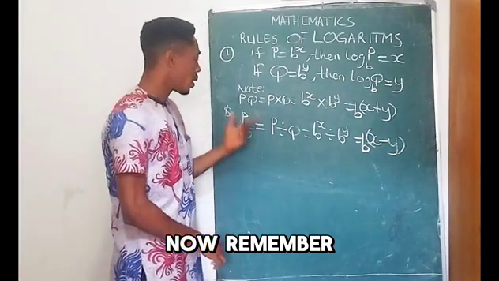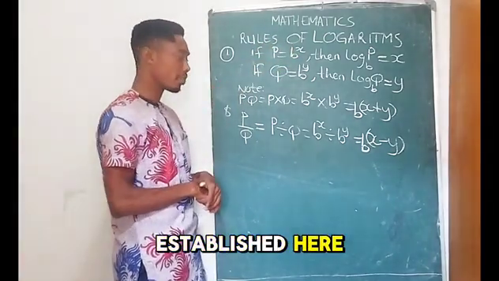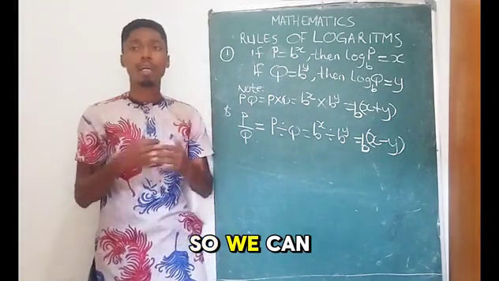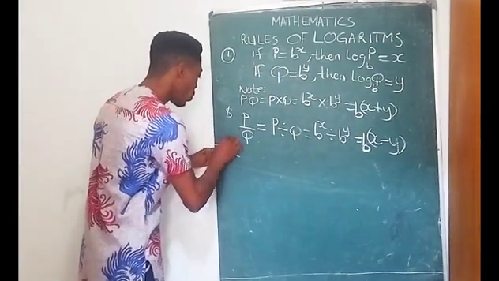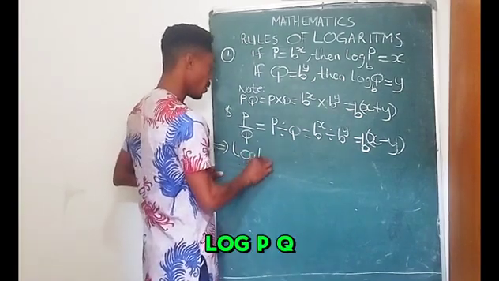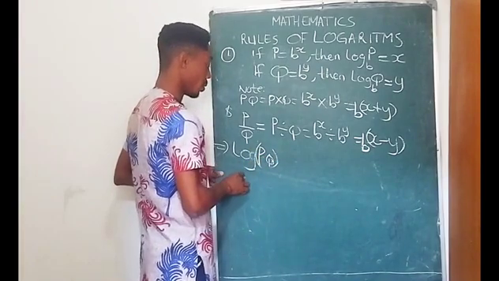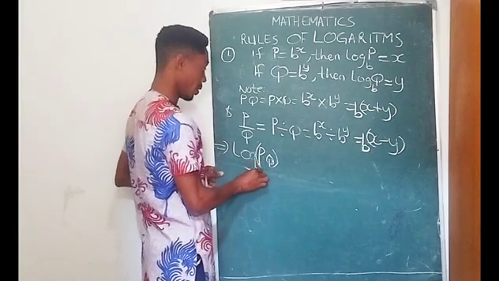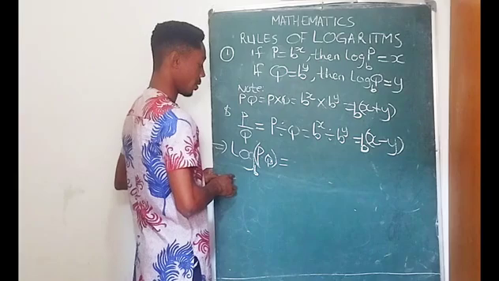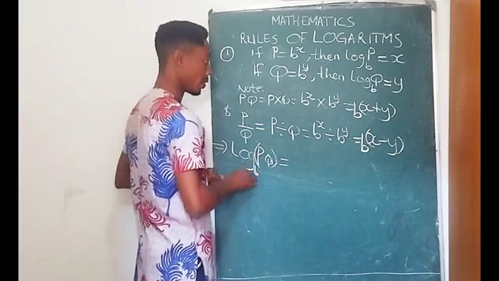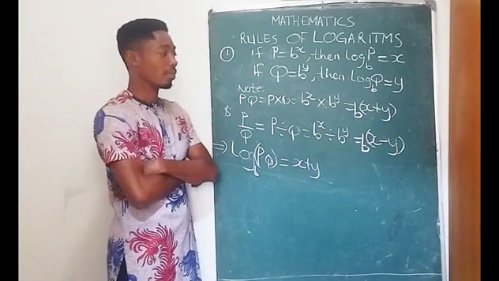Now, remember what we have established here. So, we can go ahead to say that log pq in base b is the same thing as x plus y.